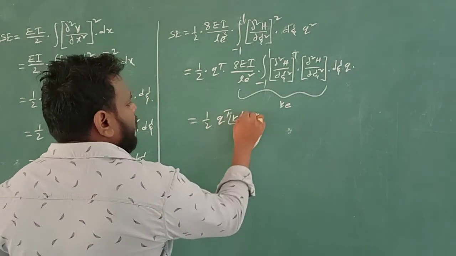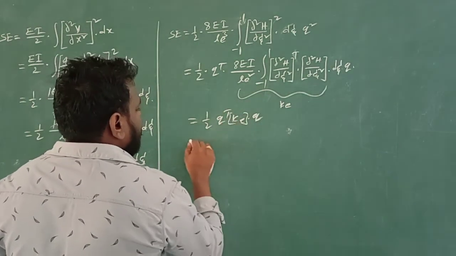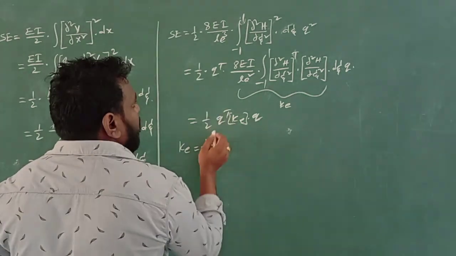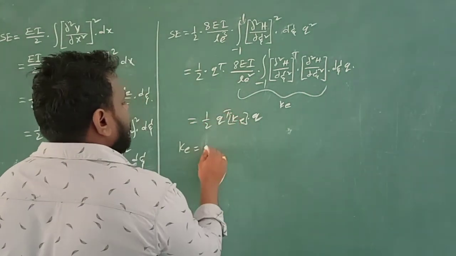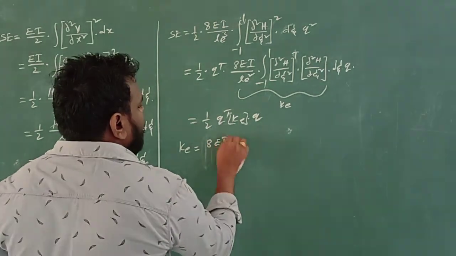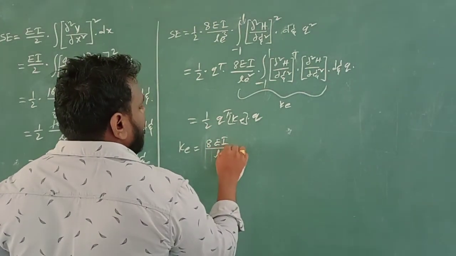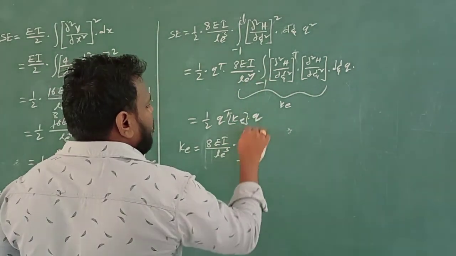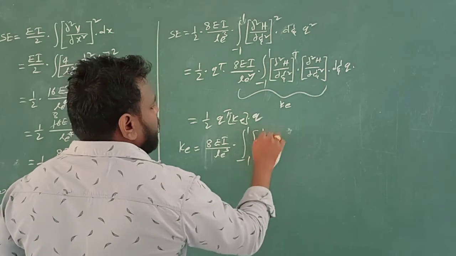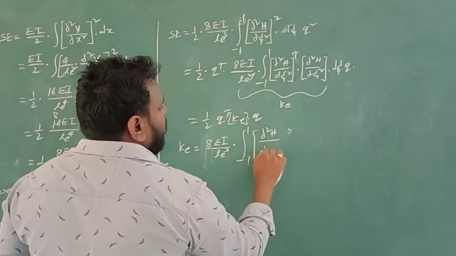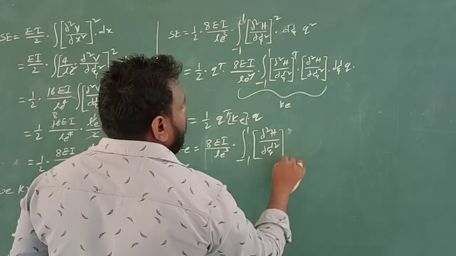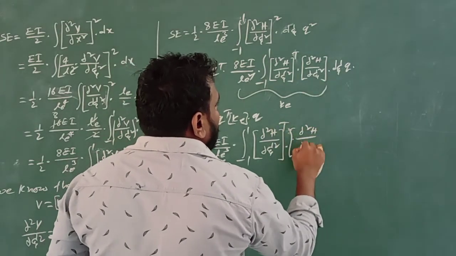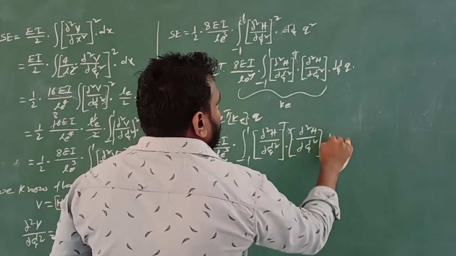That's why ke is 8 EI/le cube into the integral from minus 1 to 1 of (∂²H/∂ξ²) transpose into ∂²H/∂ξ² into dξ.